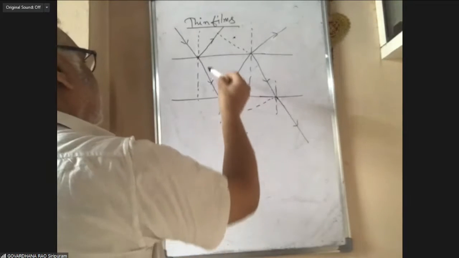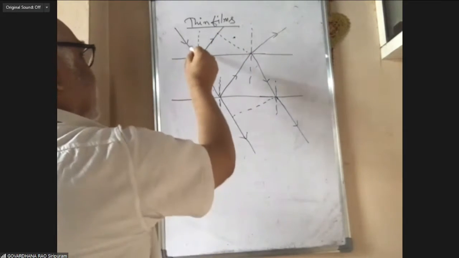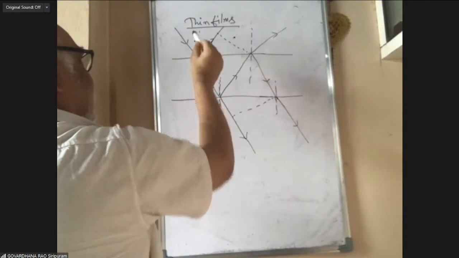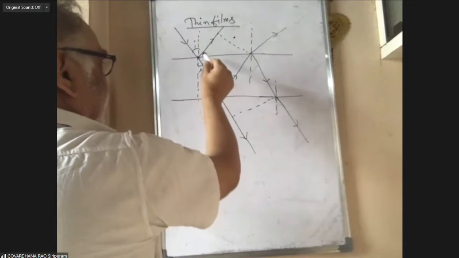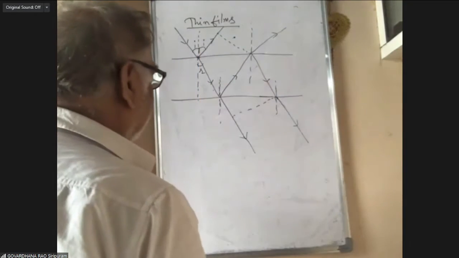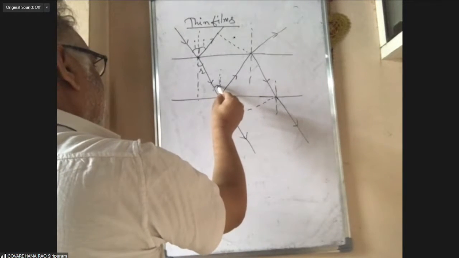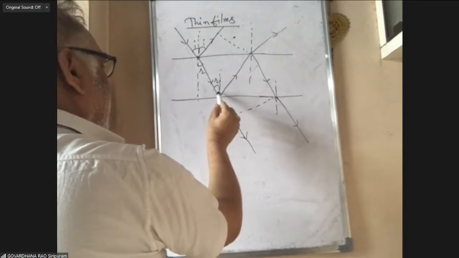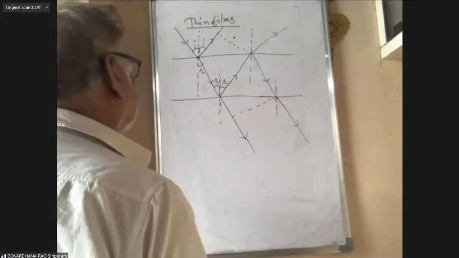So now this is called path difference. This is the angle of incidence. This is the angle of refraction. Angle of incidence is always equal to angle of reflection. So this is R, this is also R. Okay.